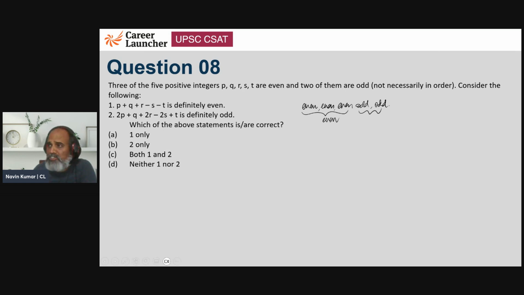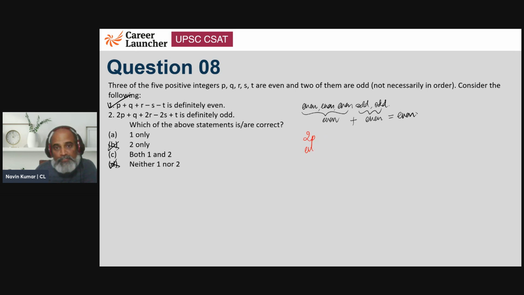The sum or difference of 2 odd numbers will become even. And the sum of 2 even numbers will result in even. So the first one is definitely correct, right? Let's check the next one.